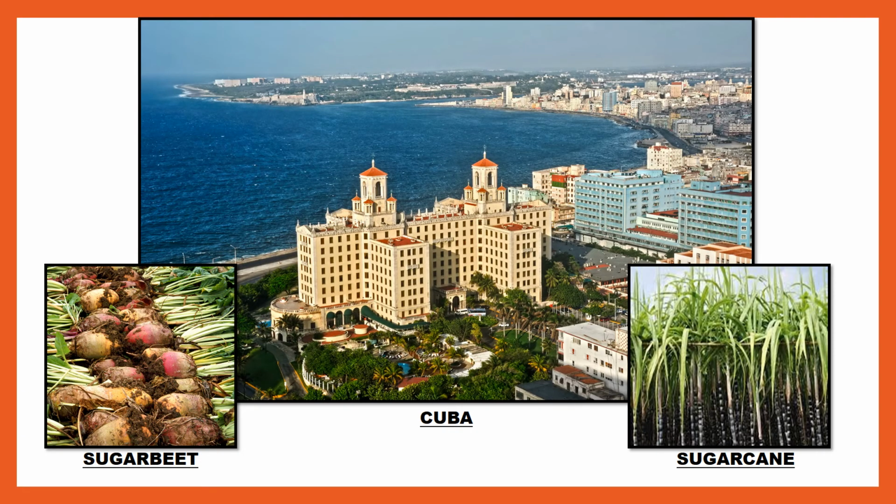Sugarcane is another important crop grown here, and Cuba is the third largest producer of sugar in the world. That's why it is popularly called the sugar bowl of the world. Sugar beet is also grown in the USA and it is a major source of sugar after sugarcane.